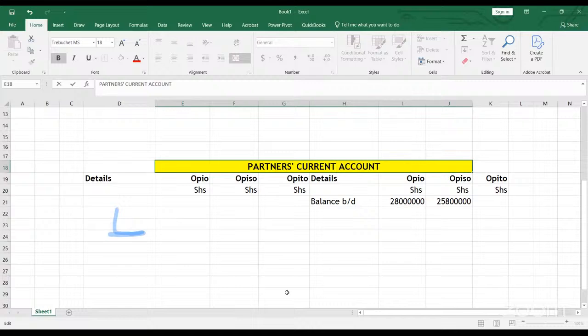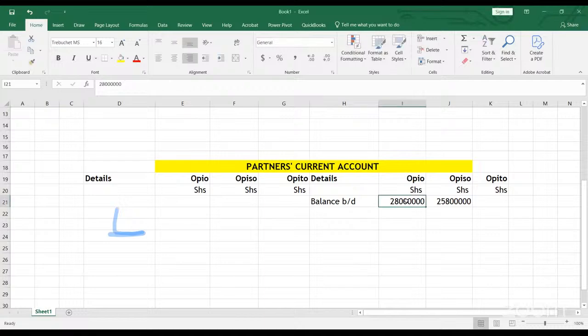How much is the current account for Opo? It's negative, 500,000. Yes, it's a debit for Opo. That is 500,000.